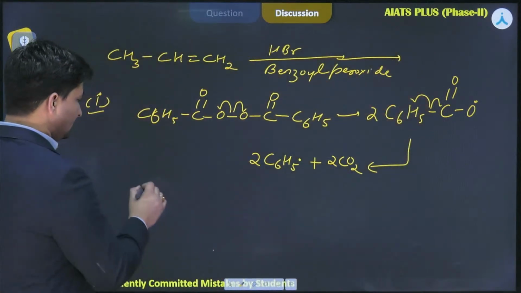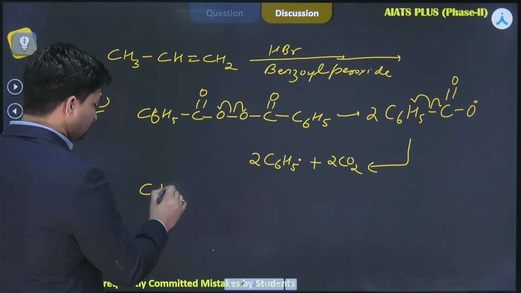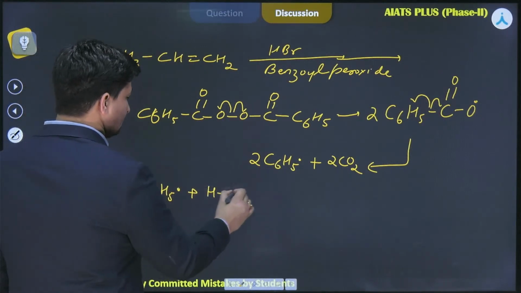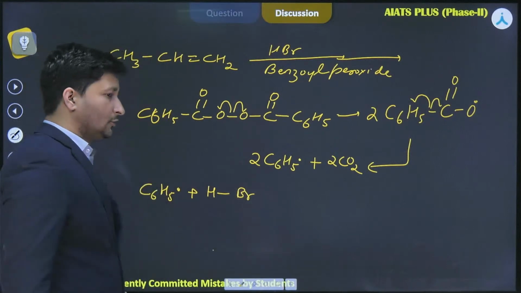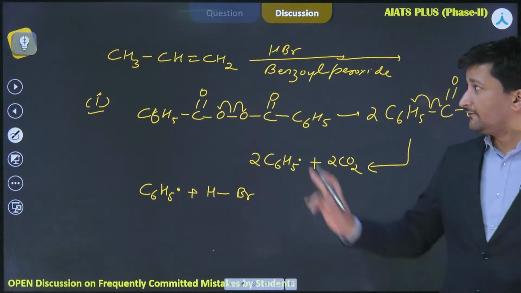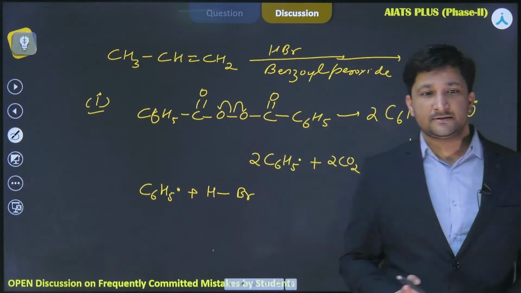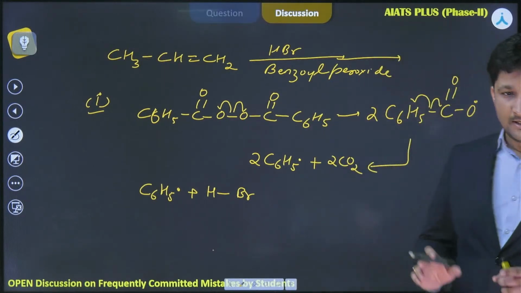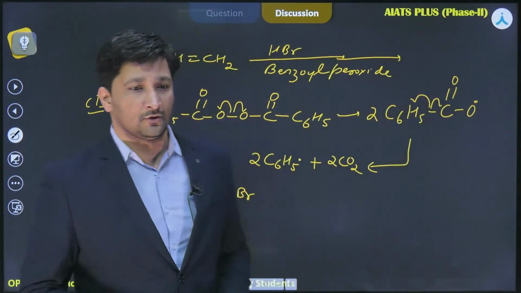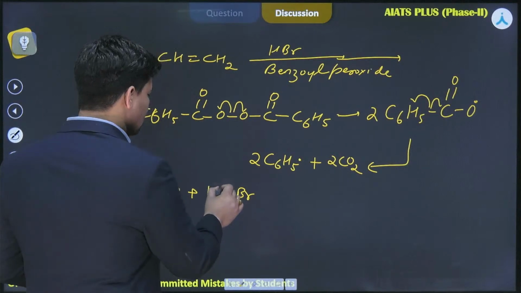Now what will happen here? This C6H5 free radical will react with HBr. So again, what is going to happen here? We have discussed that if the first step has homolytic cleavage, then other steps in the mechanism will also follow homolytic cleavage. So here homolytic cleavage will take place.